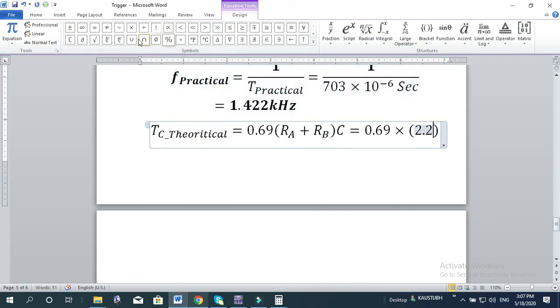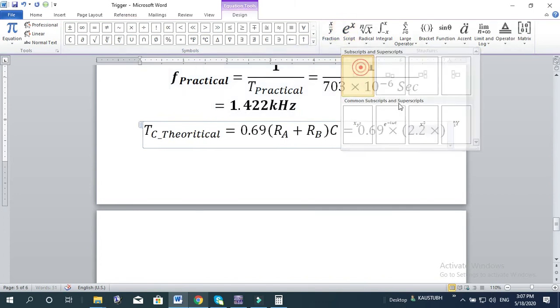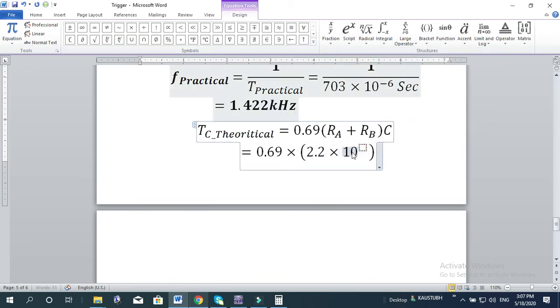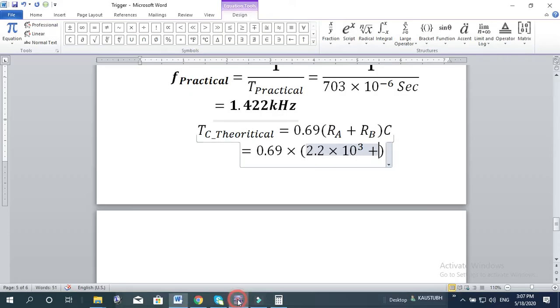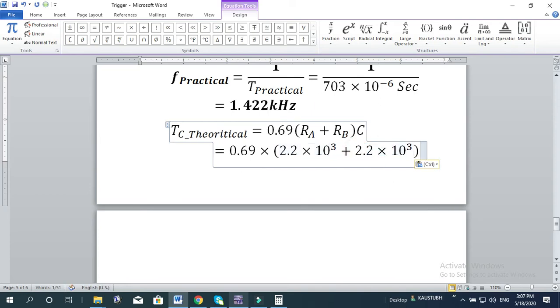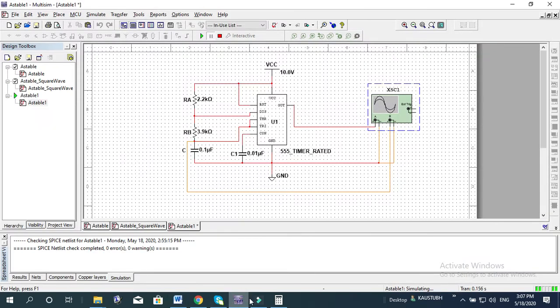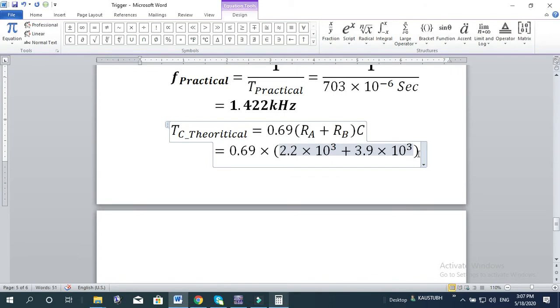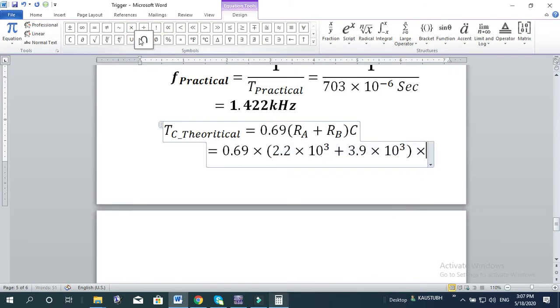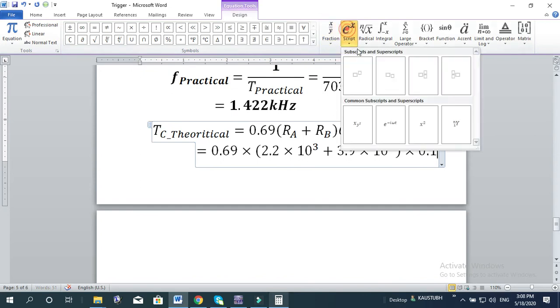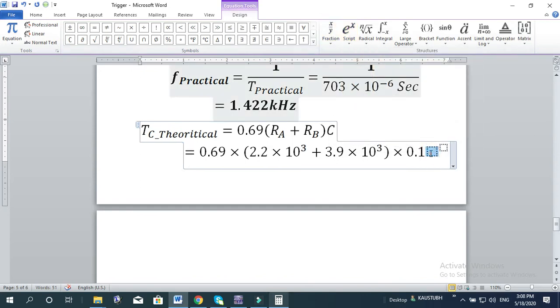So 2.2 into 10 to the power 3, then plus RB. RB is 3.9 kilo ohm, and C is 0.1 microfarad, so 10 to the power minus 6.